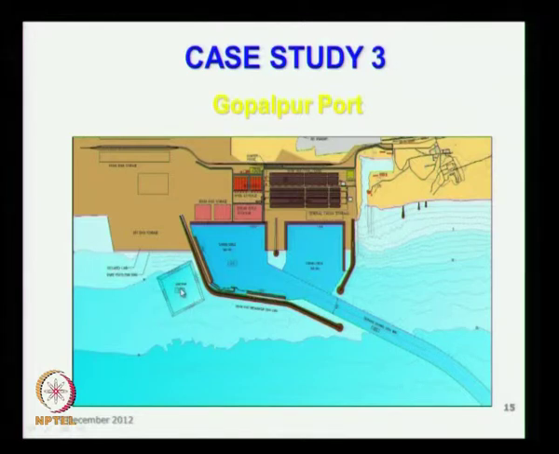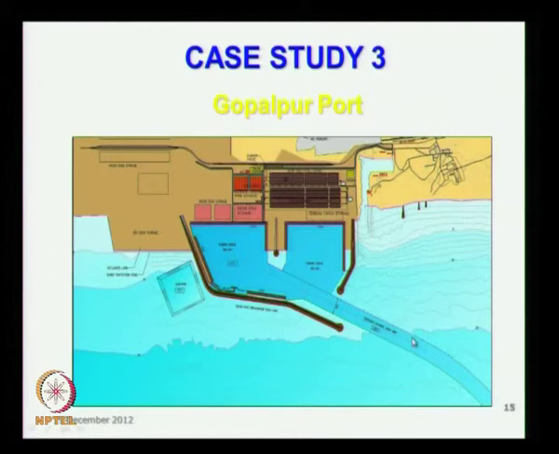The dredger will come and remove the sand, and then they will go and nourish the beach on the northern side using what is known as the rainbow technique. I have a slide, I will show that.